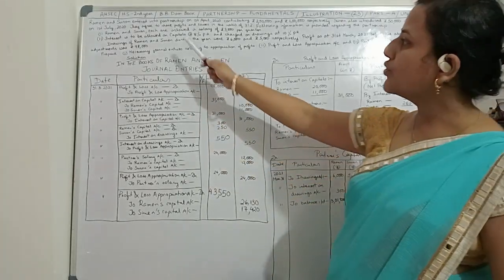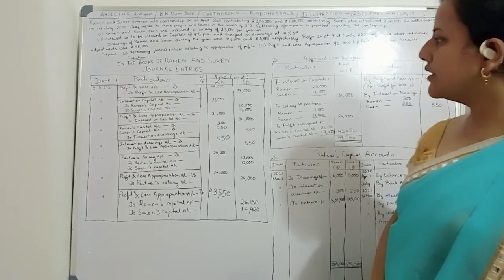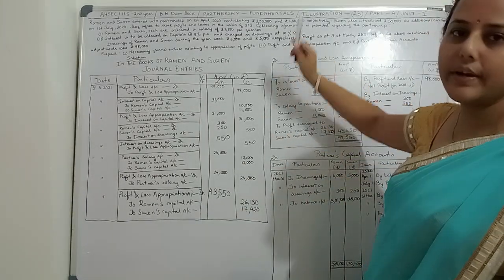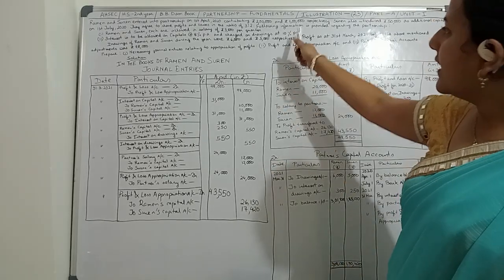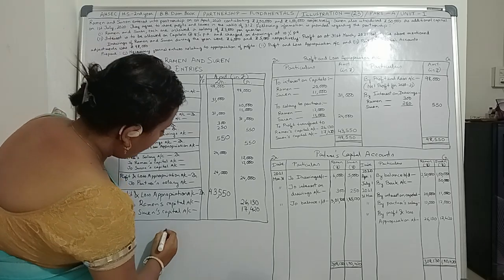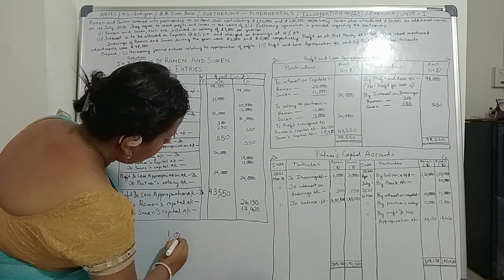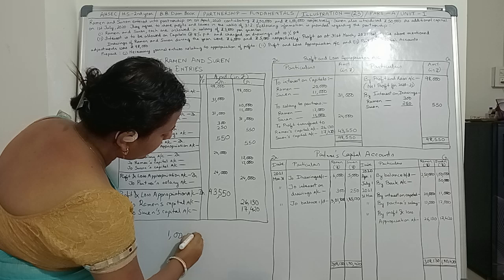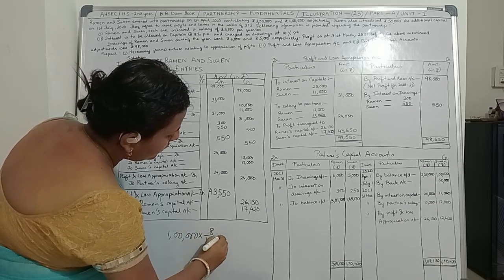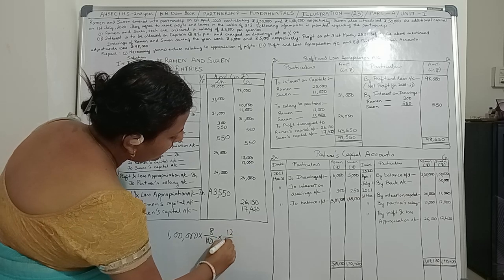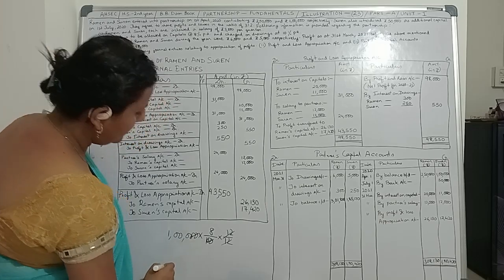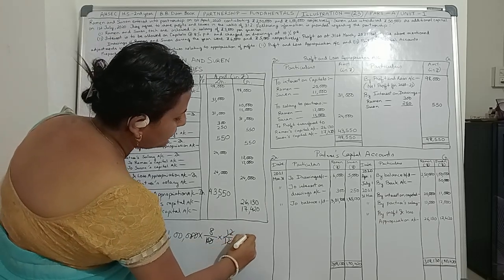Then for Suren, he introduced 1 lakh capital for 1 year. So 1 lakh into 8% into 12 divided by 12. The 12s cancel, the zeros cancel, and it is 8,000.